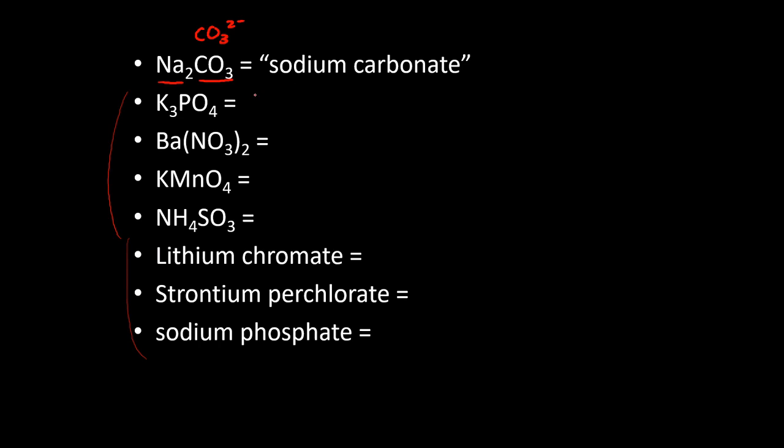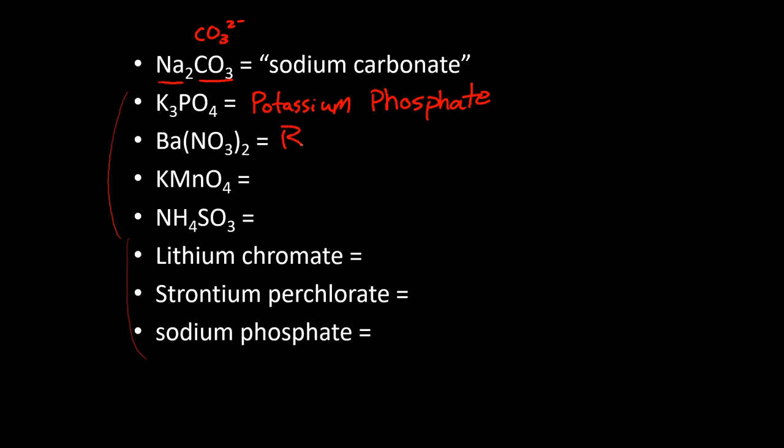Same thing here. We have potassium, which is K, and then PO4 is phosphate. And again, you can just find that on the table back there. PO4 is phosphate, which has a -3 charge, which will balance out the +3 charge from those three potassiums.